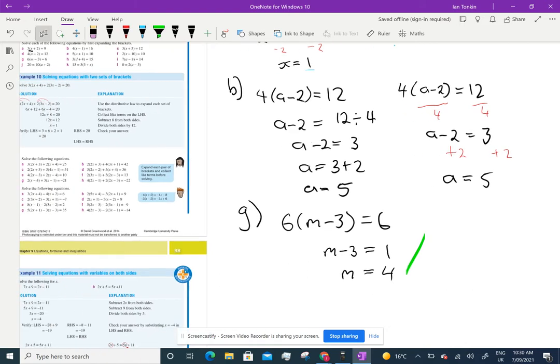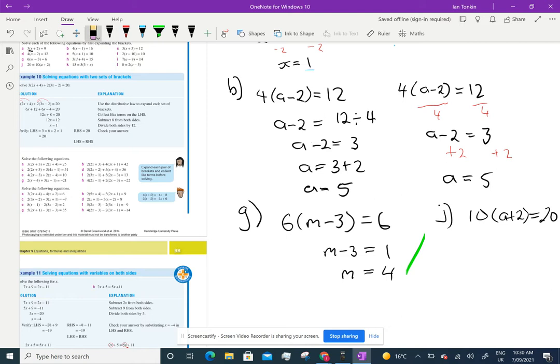Now what they've done with the next one in J is they've put the pronumeral on the other side. You can just immediately write it the other way round, 10 outside of (a plus 2) equals 20. You can just do that.